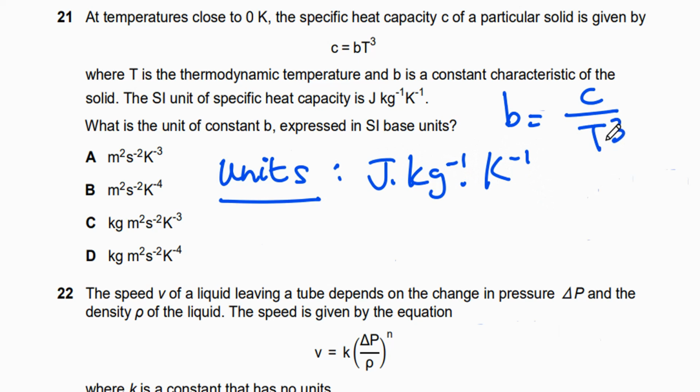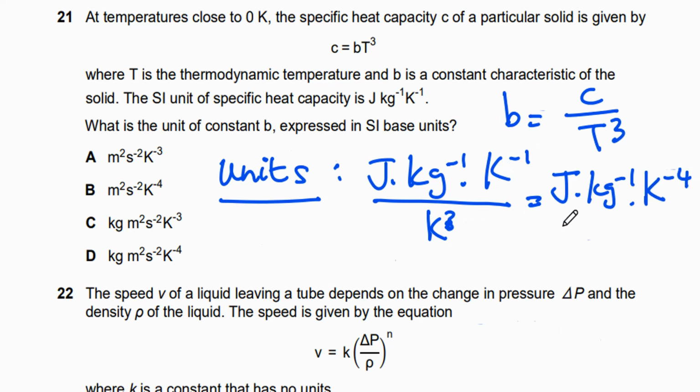This is divided by, or C is divided by T cubed. T, of course, is temperature, so it's Kelvin cubed. Now we can simplify this. Since we are dividing the K's, we can subtract the powers, so negative 1 minus 3 is negative 4.